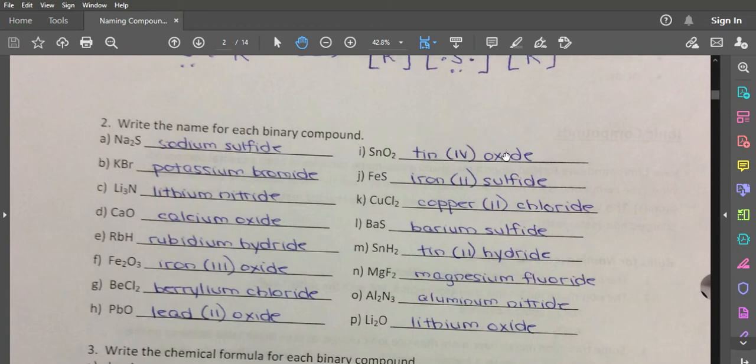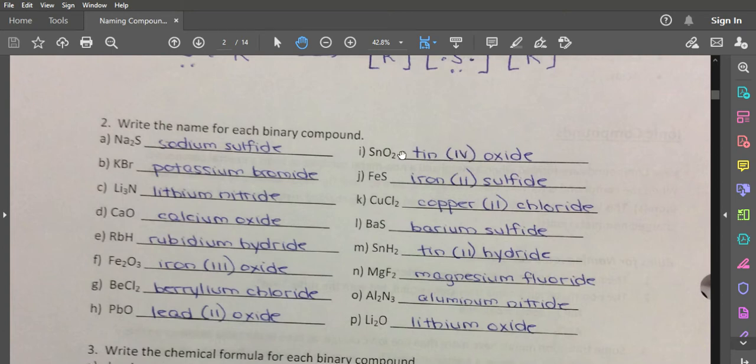This is a very hard one because, as we'll see, we have Sn, which is actually tin, and O, which is oxygen, so we probably have tin oxide down. But when you look up tin on the periodic table, and I'm sorry I can't exit this program because then it doesn't actually follow me to the new page that I open up, I could have a 2 plus or a 4 plus.